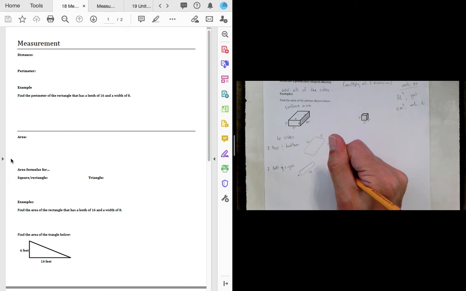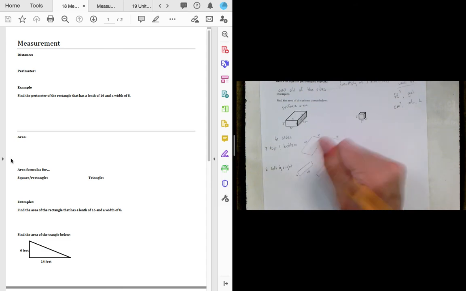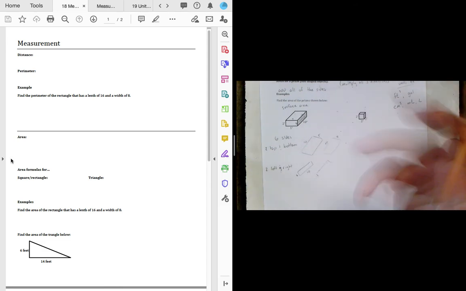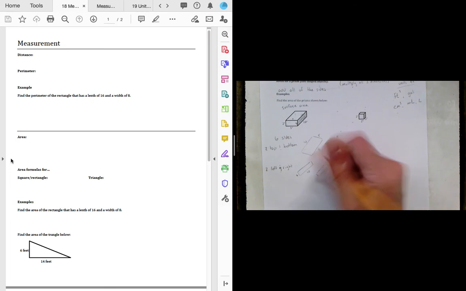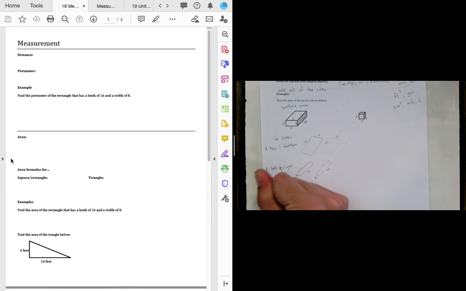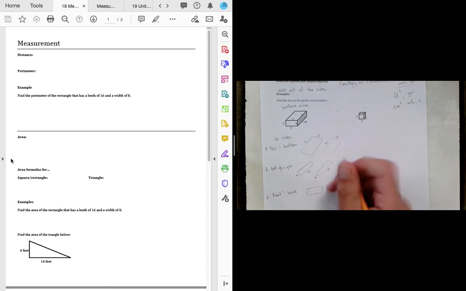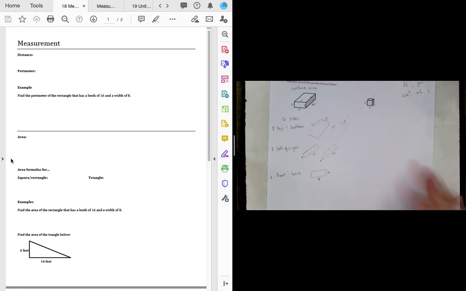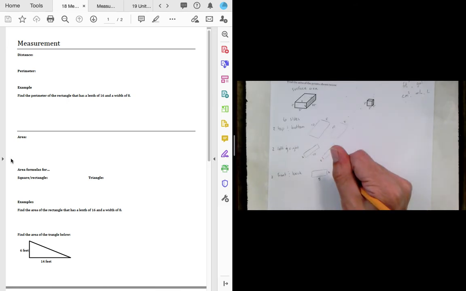So we have 2 of those also. And then lastly, we have a front and back that we need to do as well. The front and back have a length of 2 and a width of 5. We have 2 of those as well.